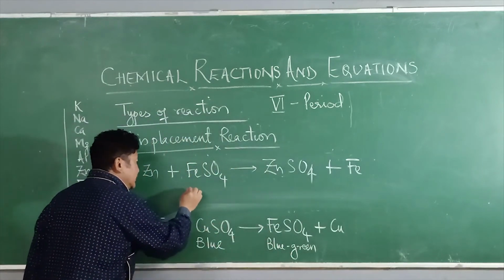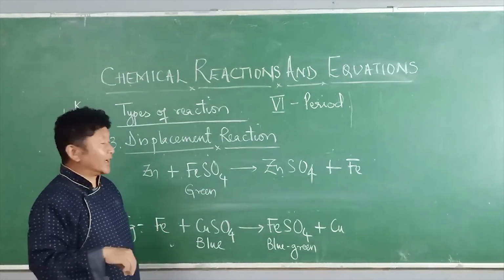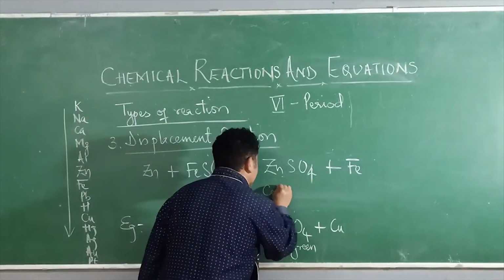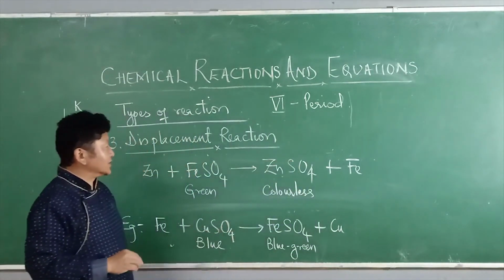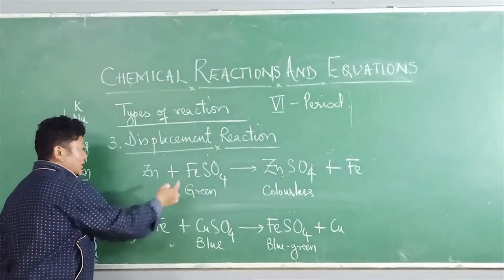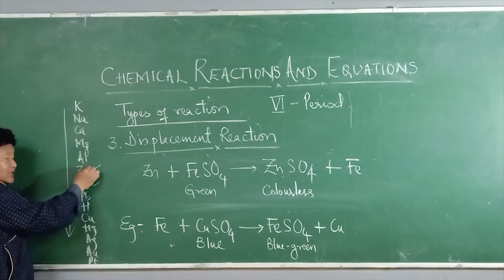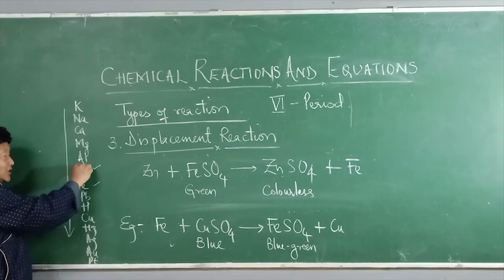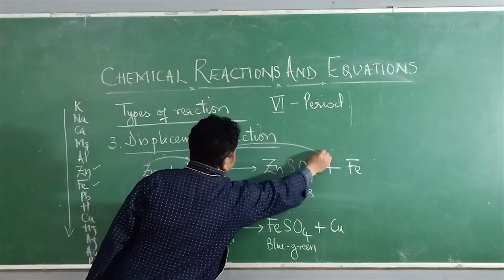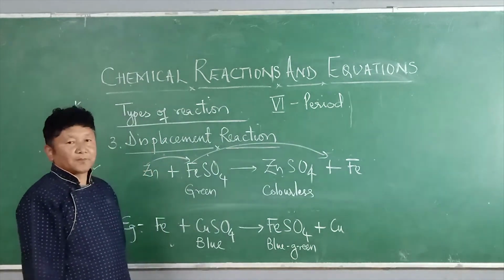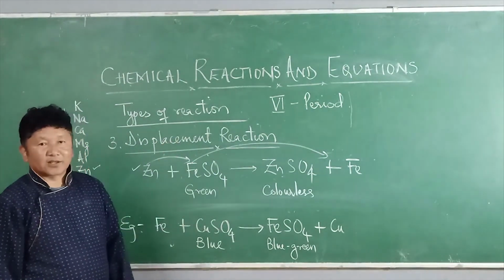Here, this green solution will get converted into a colorless solution, that is zinc sulfate solution. Zinc is more reactive than iron. Zinc is on the top of iron, so zinc is more reactive than iron. Therefore, zinc can displace this iron, and this type of reaction is called a displacement reaction.